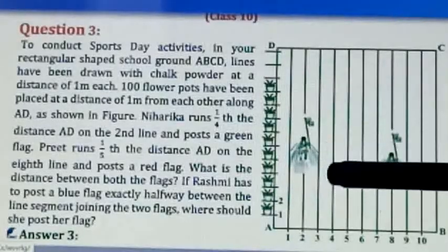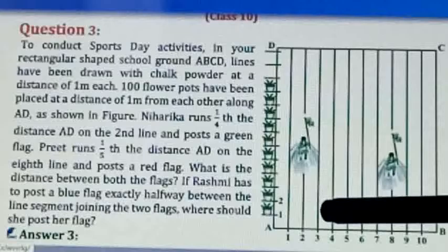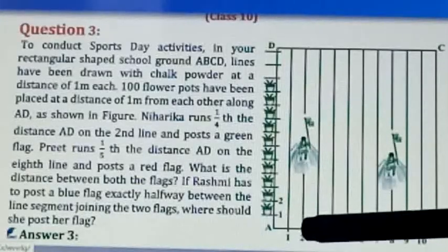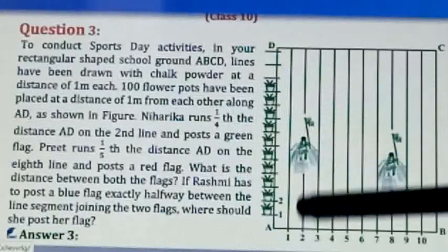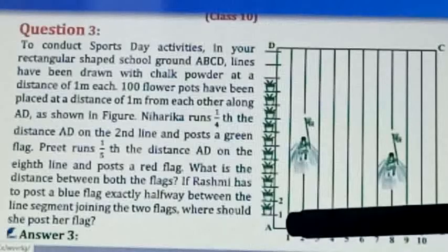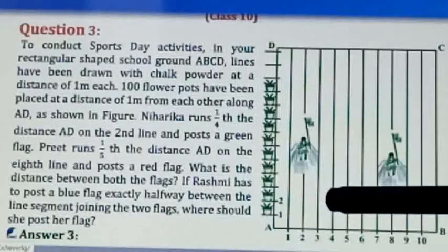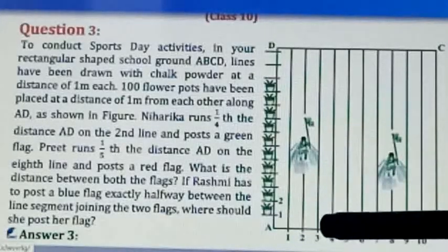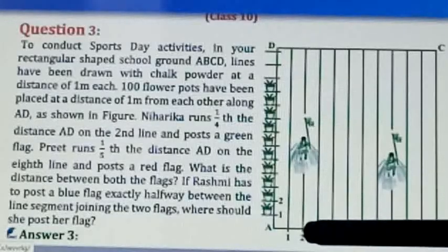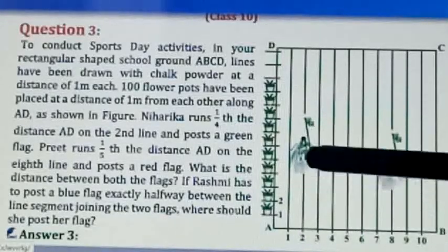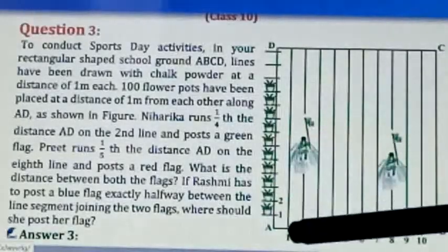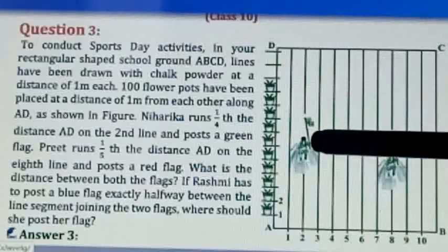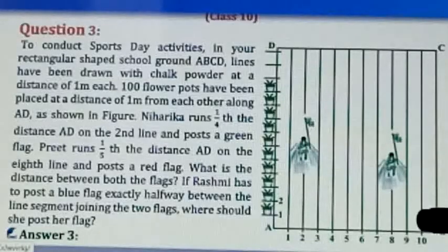We need to place 100 flower pots. Now the question is, Niharika runs 1/4th the distance of AD on the second line. Niharika started to run from the second line and she ran up to 1/4th of the distance along AD, and she needs to post a green flag, children. Now Preet is also running.